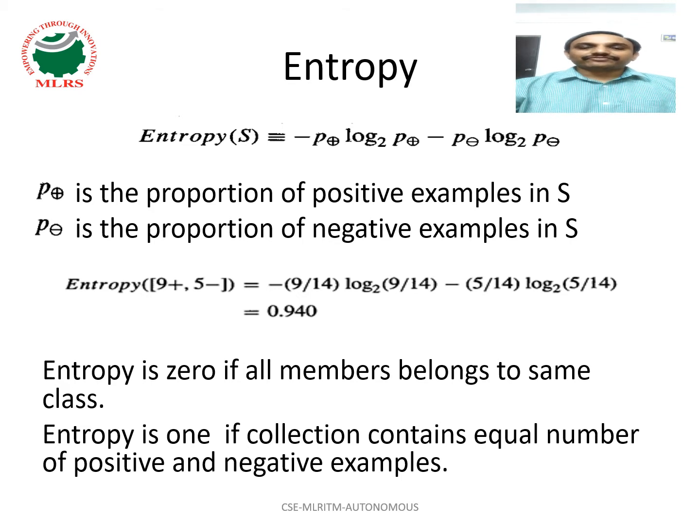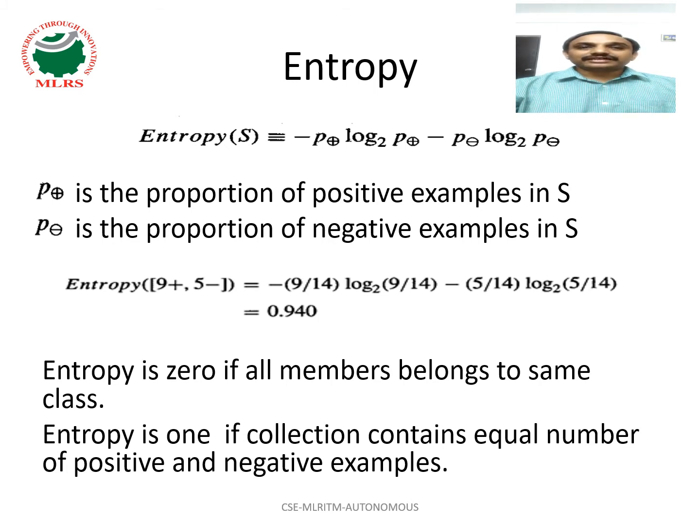Entropy of S equals minus P plus log P plus base 2 minus P minus log P minus base 2. Here P plus is the proportion of positive examples in the total data set. How many positive examples are there? 9 positive examples.